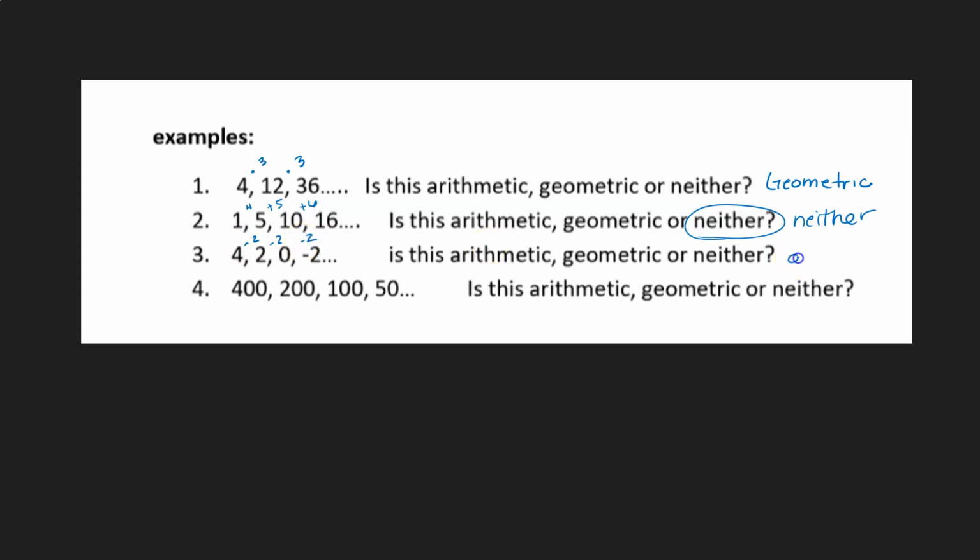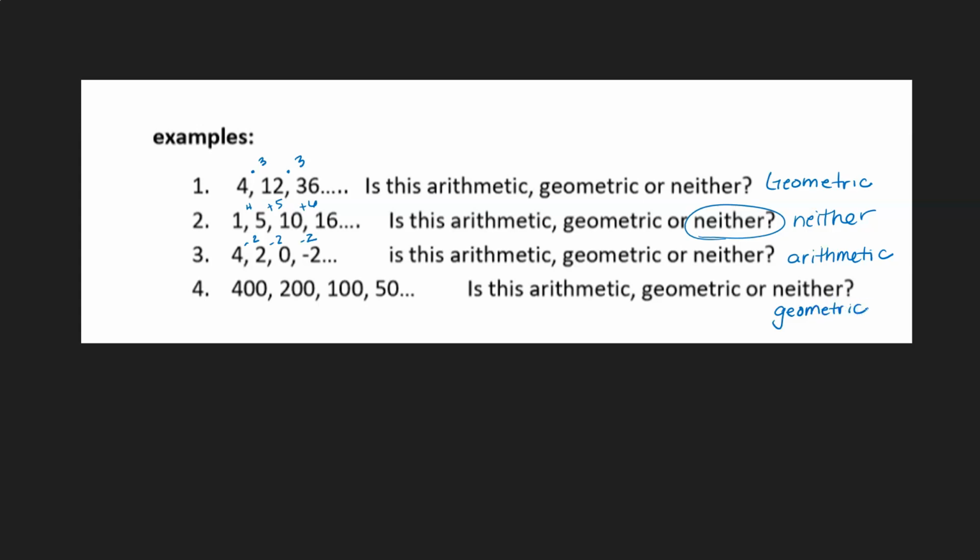So this is arithmetic. It has a common difference. And then 400 to 200 to 100, you are dividing by 2. So that's geometric because you have a common ratio.